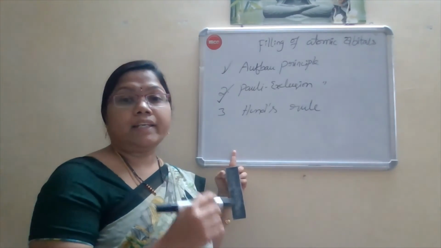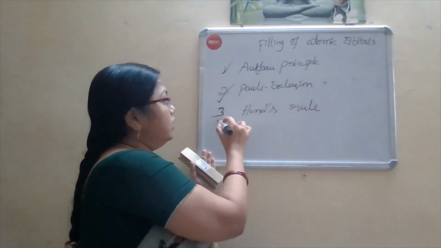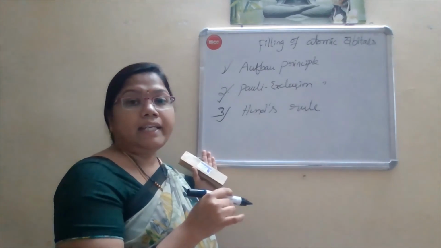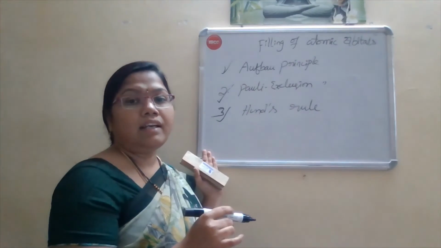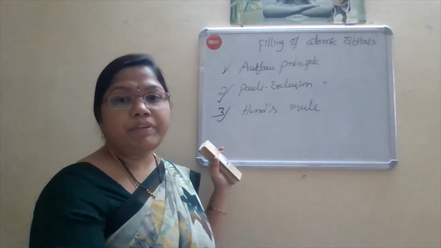These 2 electrons have opposite spin. Third one, Hund's rule. According to this rule, in a given subshell, each orbital is first singly occupied by electrons before pairing up.